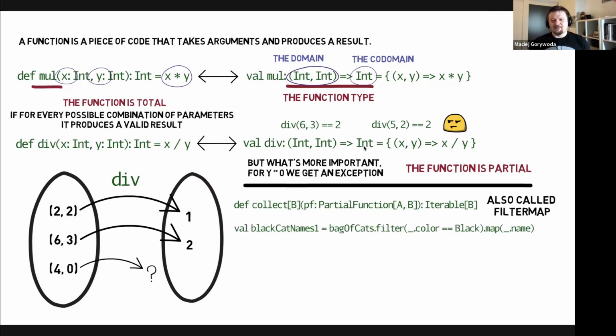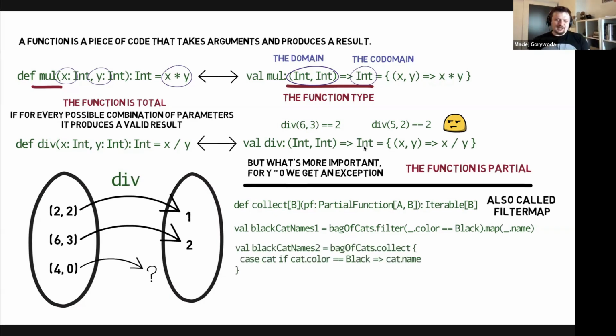So for example, let's say we have cats in a bag. They are of different colors, and what we want is the names of the cats that are black. So we first filter, creating a new collection of cats that are only black, and then we perform a map operation from cat to the name of that cat, right?